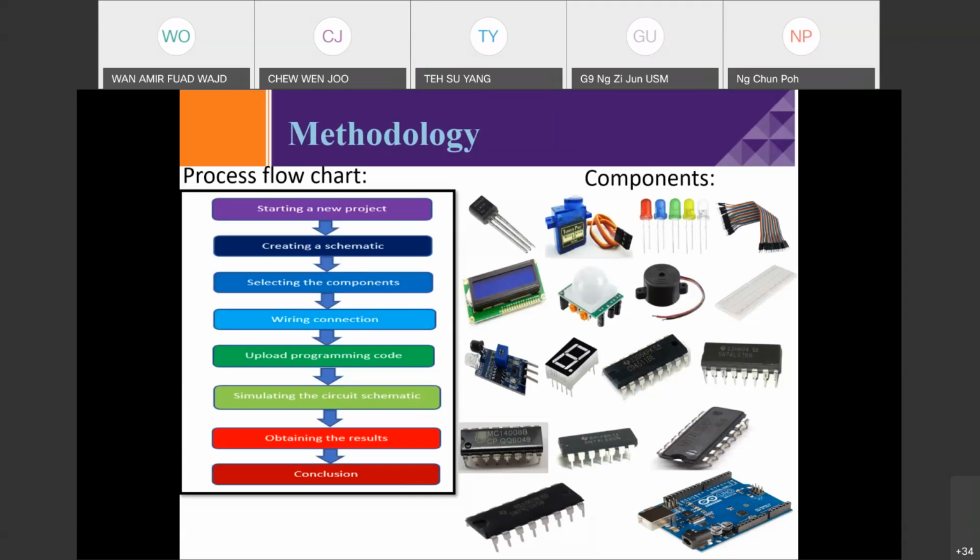Next will be the wiring connections, and then we will type our Arduino code and upload it to the Arduino Proteus simulation. Then we start simulating the circuit to observe the actuators' animation to see if they're working or not and obtain the result. And lastly, we will do a final conclusion. Okay, next.